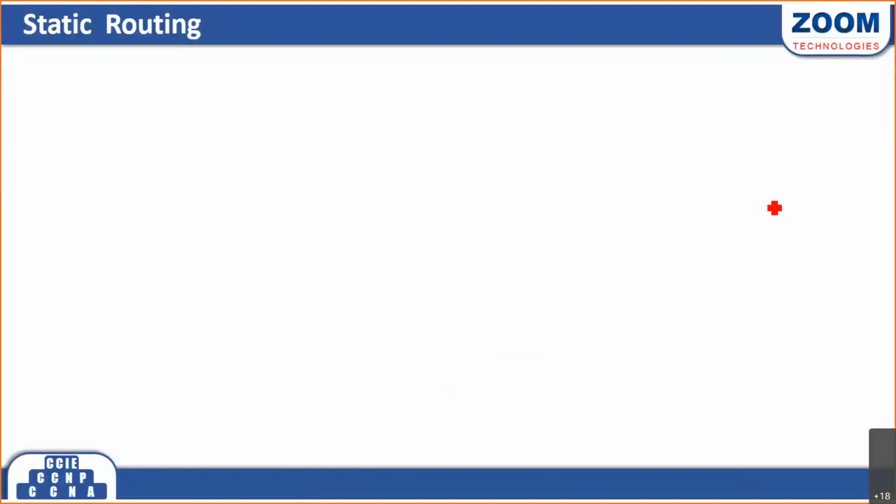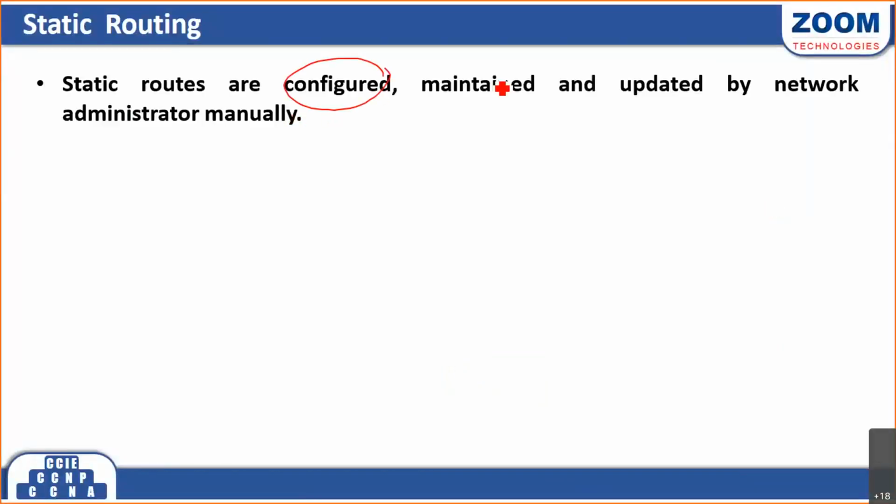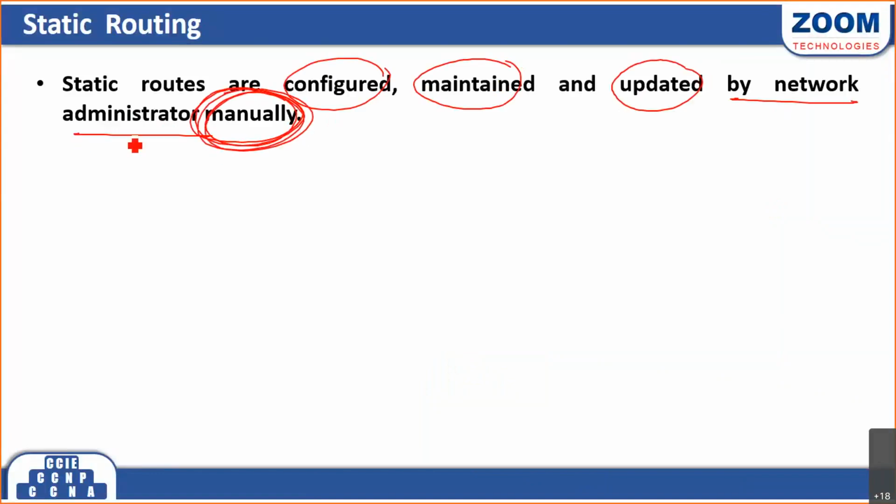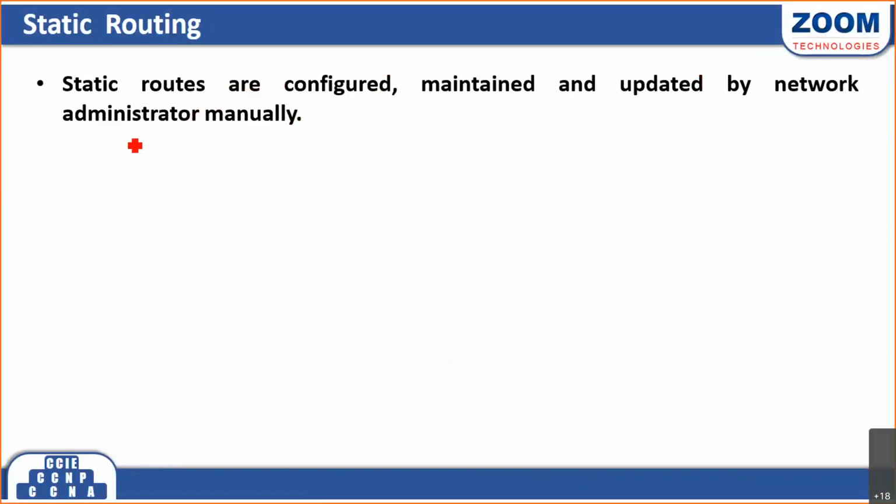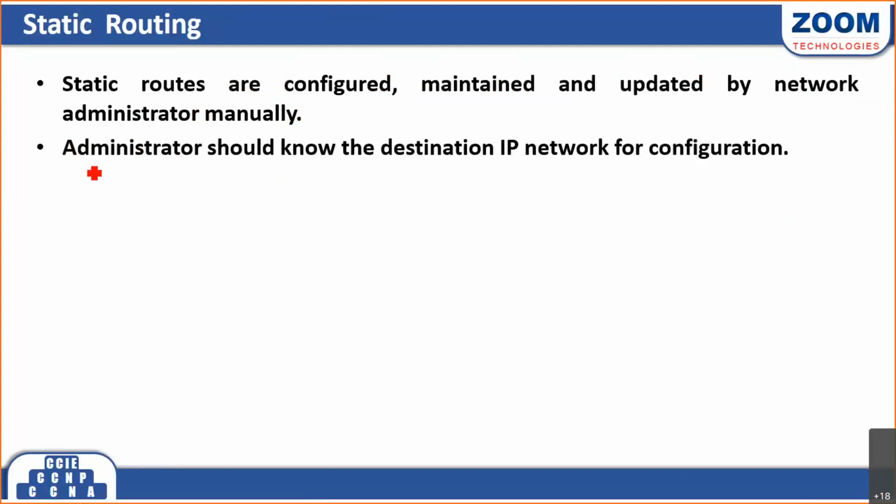Static routes are configured, maintained, and updated by the network administrator manually. And to configure static routes, the administrator should know the destination IP addresses. These two points are very important, so try to read them once again. If you are not getting them, let me know.